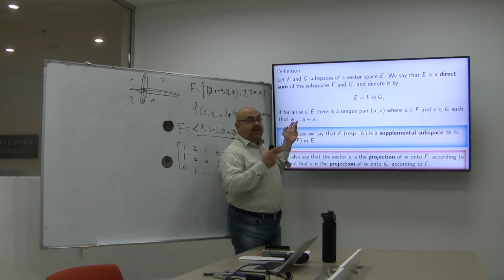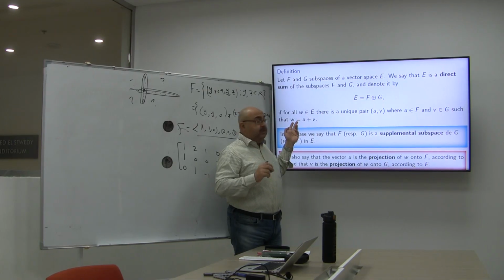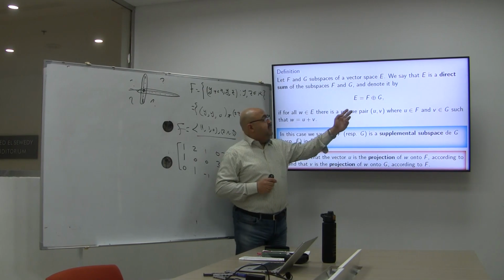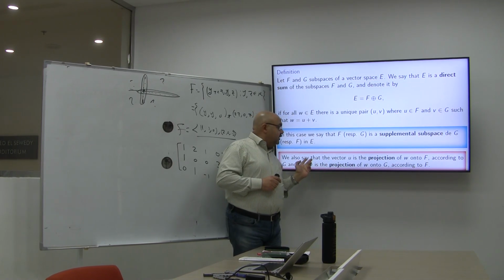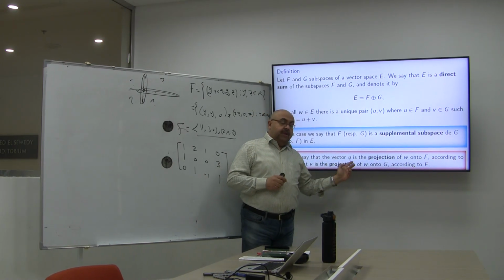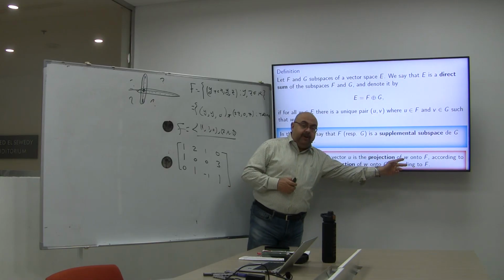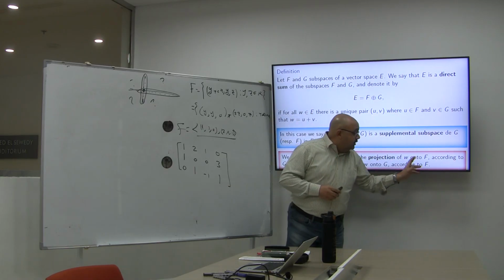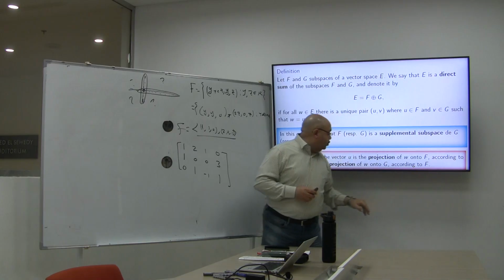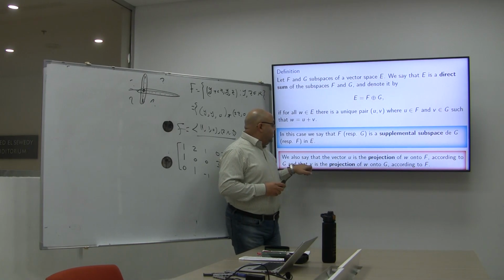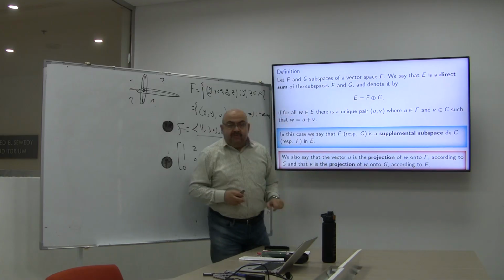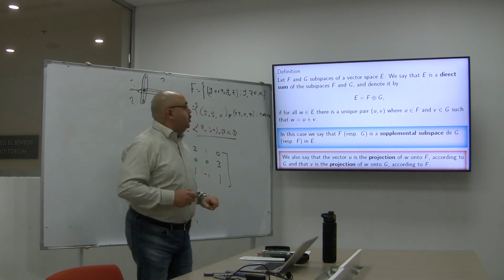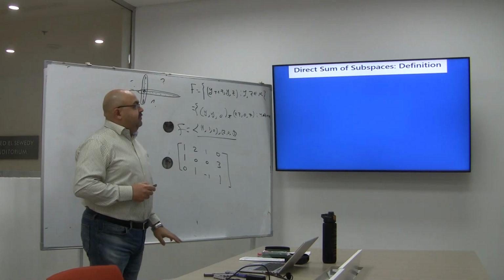Because here you are making a direct sum, so every element in W is going to be a direct sum of vectors that belong to both F and G. So we can say that the vector U is the projection of vector W into F according to G, and that V is the projection of W into G according to F. Okay, that's the meaning of this projection. We will go through it, I believe, in the next lecture.